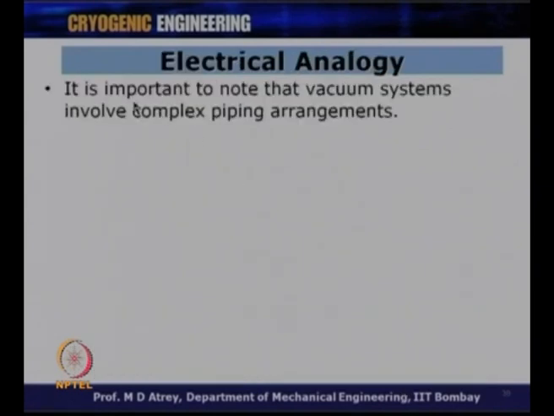Now, it is important to note that a vacuum system involves complex piping arrangements. If I want to evacuate a particular space, I will connect that space by having different piping arrangements, and these pipes could be in parallel to each other, or in series with each other. If I connect a pipe of particular dimensions D and L to another pipe of D and L, it will give me different throughputs.